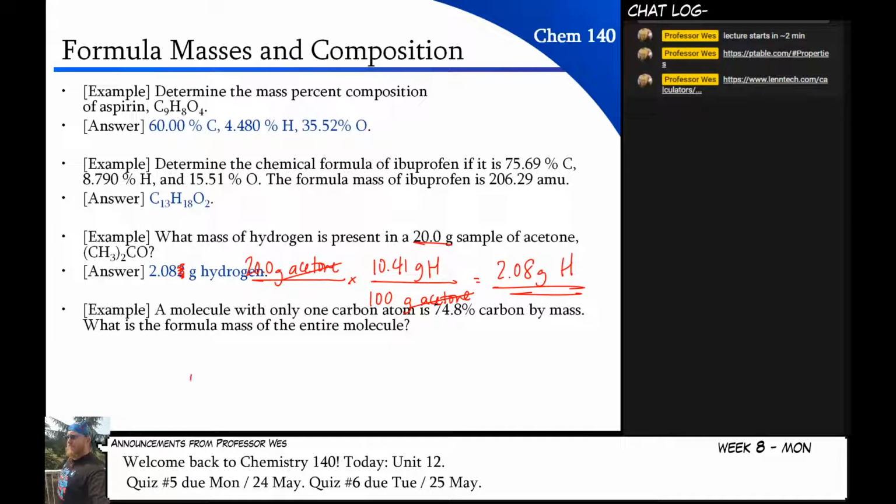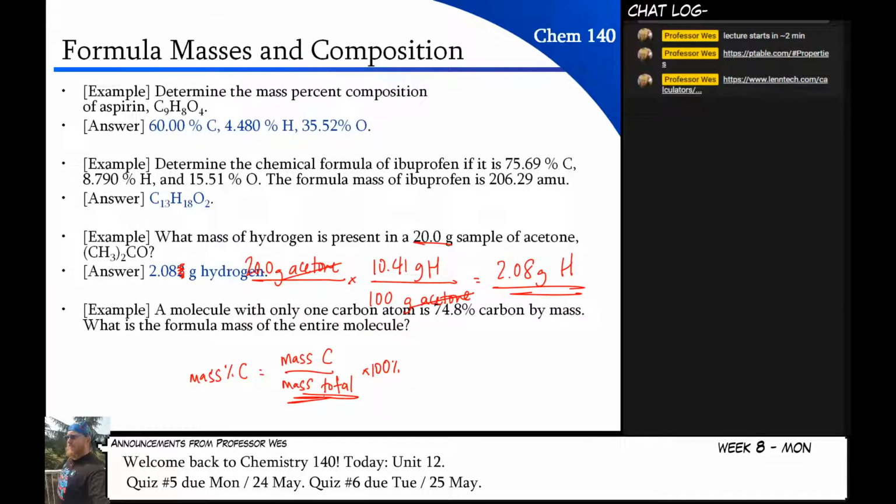So again, if we write out the mass percent formula, that should be a T, but I wrote an X for some reason. My T fell on its side. There we go.